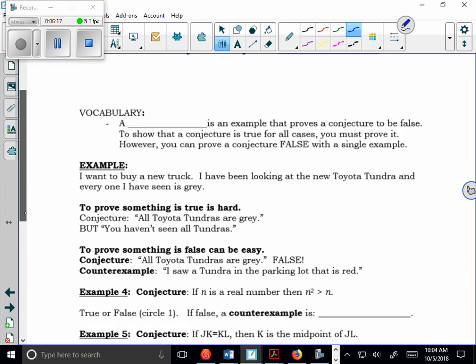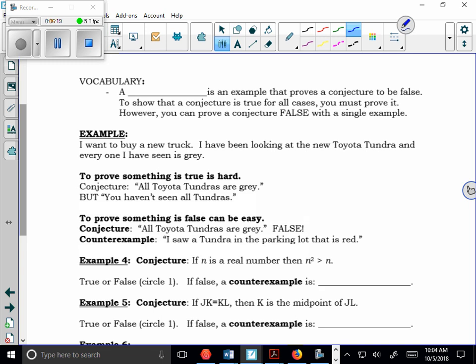Okay, now that we are back here, let's take a look at another vocabulary term that is going to be important to us. It says a blank is an example that proves a conjecture to be false. What I'm putting there is counterexample, which might be a word that you have seen before.